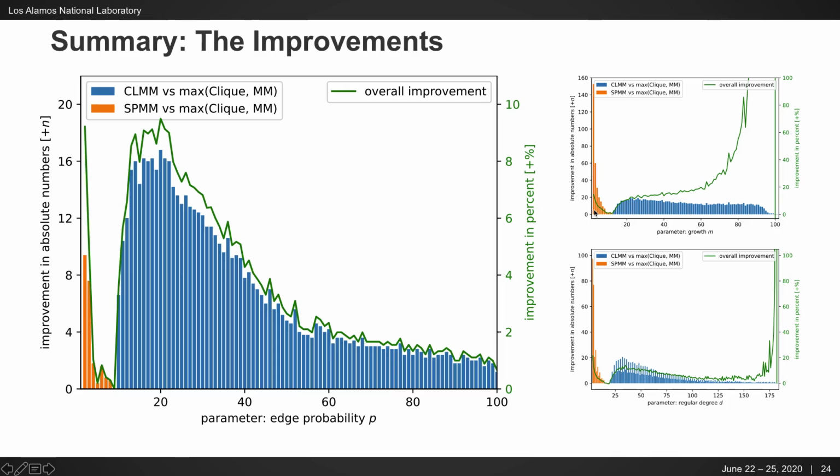And spring-based MinorMiner performs extraordinarily well on really sparse problem graphs. QUBOs just don't get this sparse without getting disconnected. And then the high percentage increase for high parameters is simply explained by the fact that there are not many graphs that exist in this regime at all. So even adding a few graphs makes a huge difference percentage-wise.